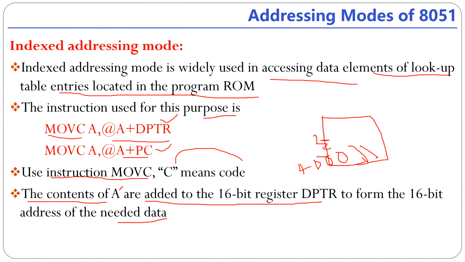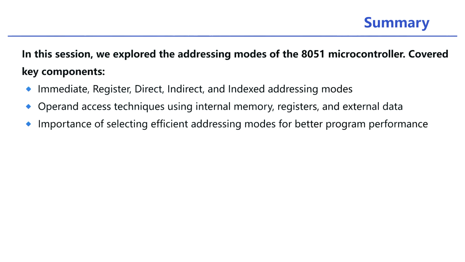So the address of this location is 4003. So this value 3 we can add through the accumulator. This DPTR represents the initial address, and by adding we can find the appropriate value, right?